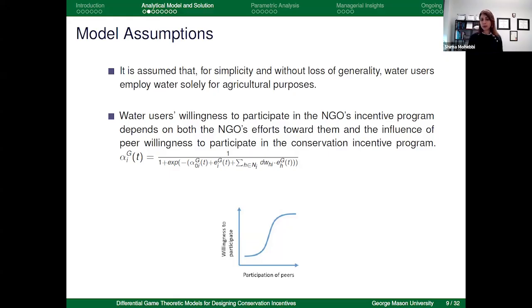This is a sigmoid formula, which is a logistic function, the same function used in logistic regression, and it captures the expected S-curve behavior. As more peers participate, my willingness to participate in the incentive programs increases.